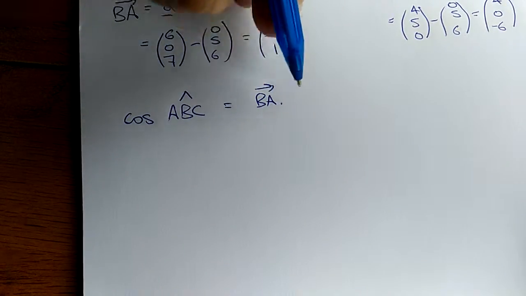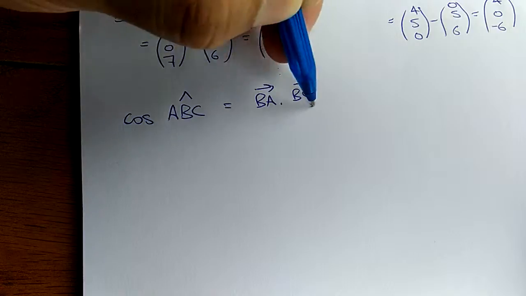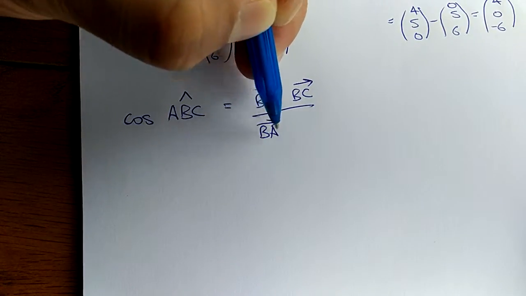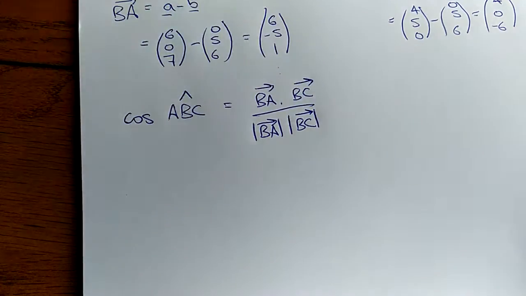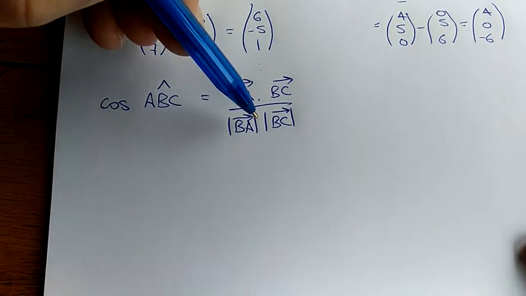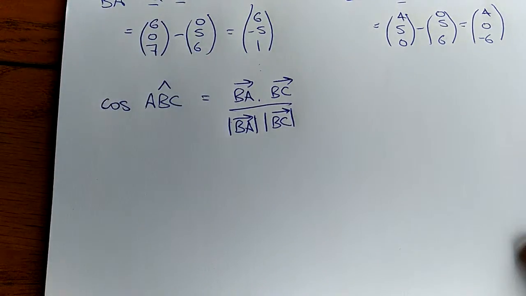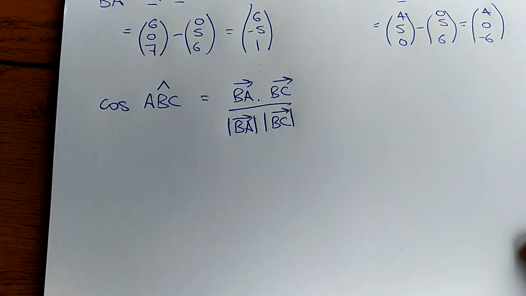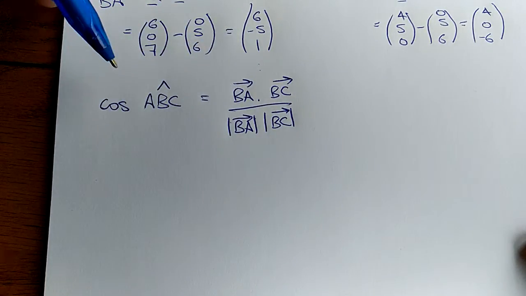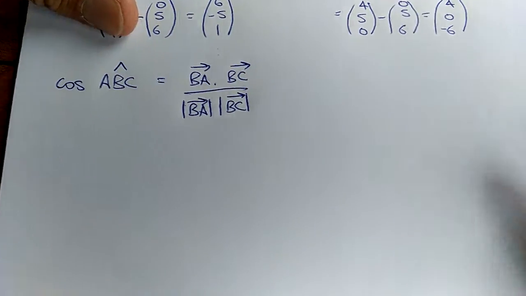So that's going to be BA dot BC over the magnitude of BA times the magnitude of BC. So in case you don't know, these vertical lines mean magnitude, i.e. the length of the vector. How long is it? So let's find BA dot BC and the magnitude of BA and the magnitude of BC.